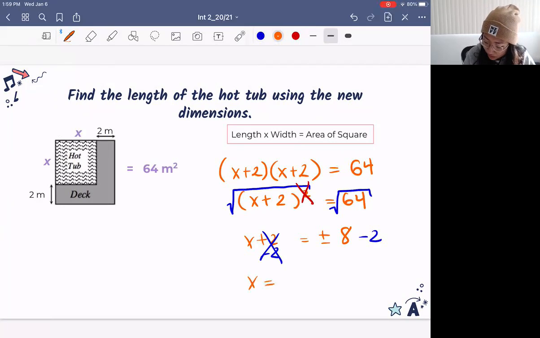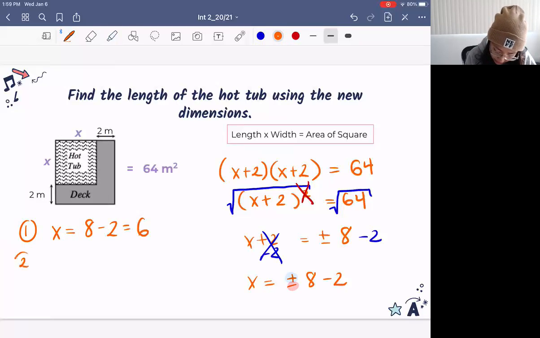So I have x equals positive and negative 8 minus 2. But again, we can split this up by the negative and by the positive so that we can have two solutions here. So positive, make it 6, and then a negative will make it a -10.